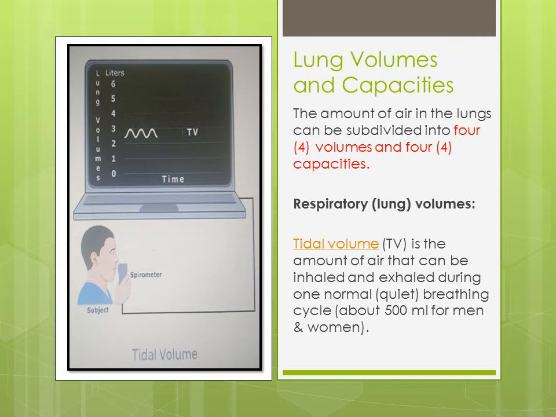As it is said, about 500 ml for men and women is the volume of the respiratory lung volume, that is the tidal volume. The normal value is 500 ml for men and women.